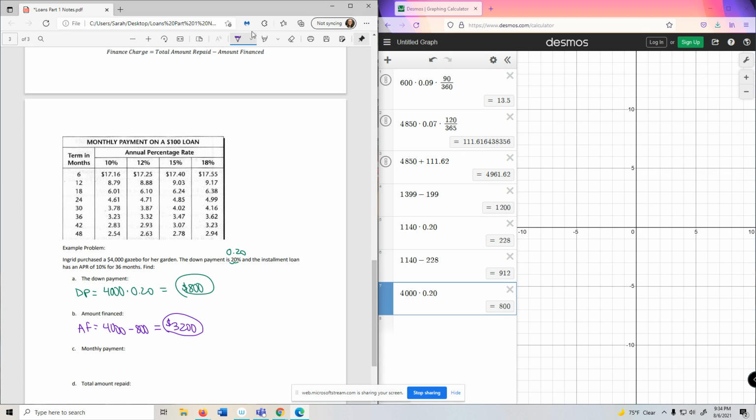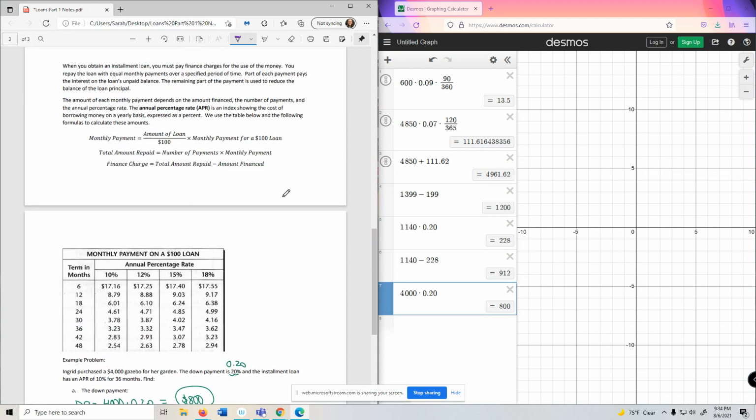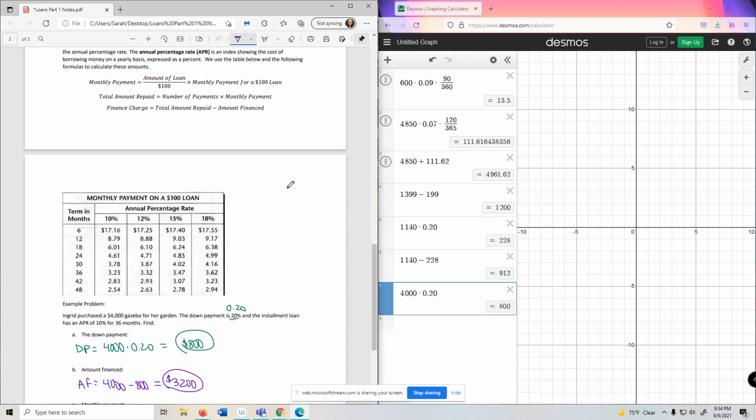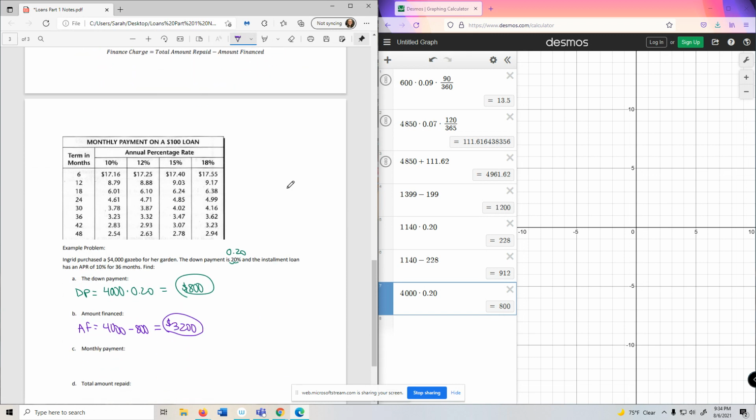Now the monthly payment. Let's scroll up for a moment. Your monthly payment is the amount of loan over $100 times whatever you find in the table. The amount of loan is the amount financed.